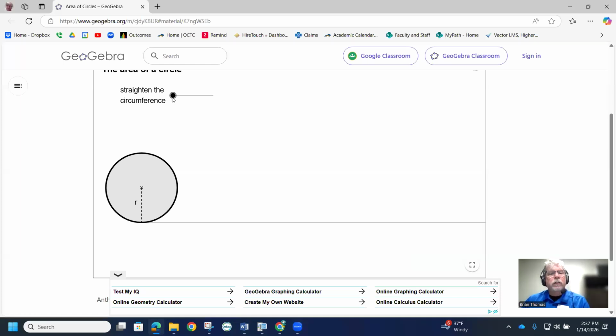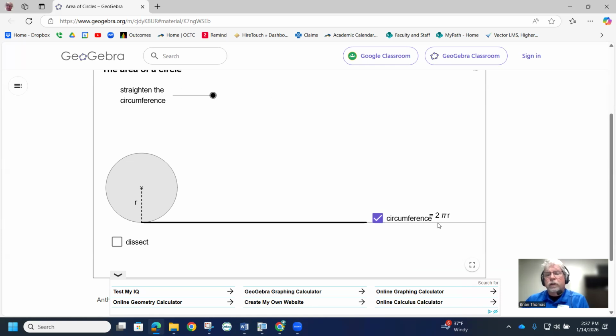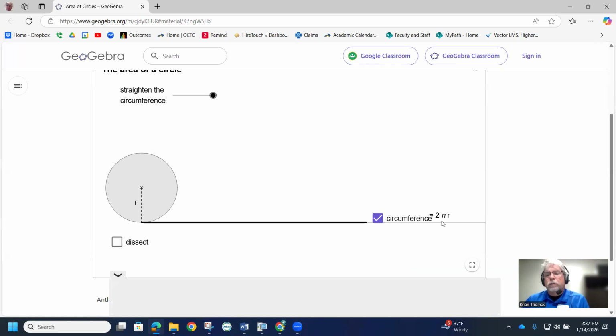So let's straighten this out. Do you recall the formula to find the circumference of a circle? You should recall that that's going to be 2 times pi r.